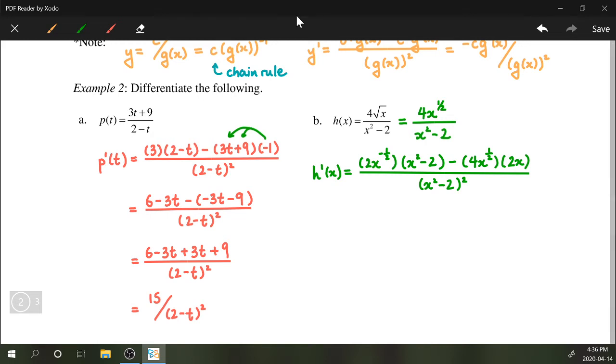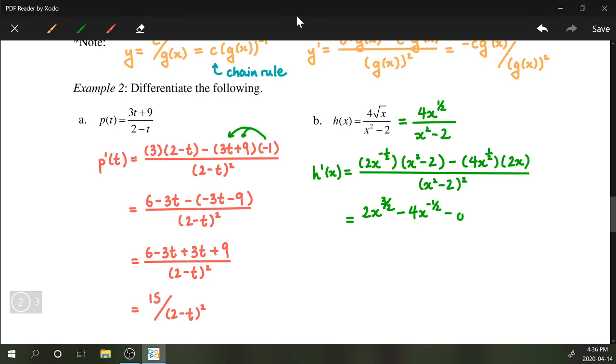So now we will apply the distributive property. We have 2x to the 1/2 power. Oh, sorry, not 1/2. 2 minus 1/2 is 3 over 2. And then 2 times 2 is 4, x to the negative 1/2.